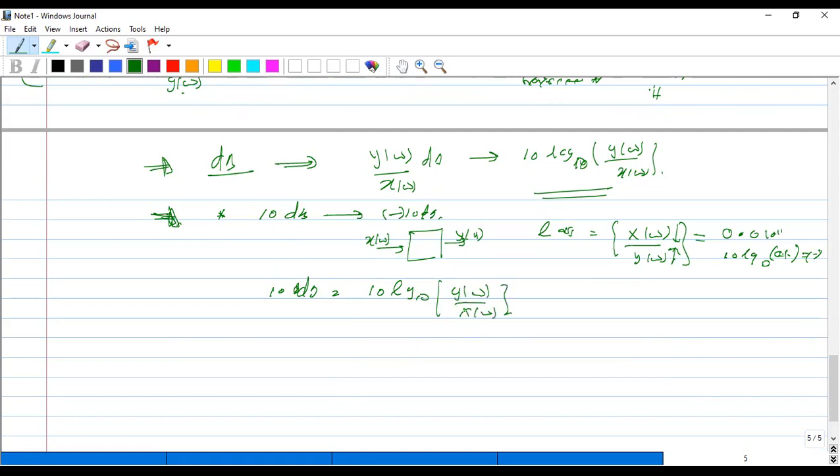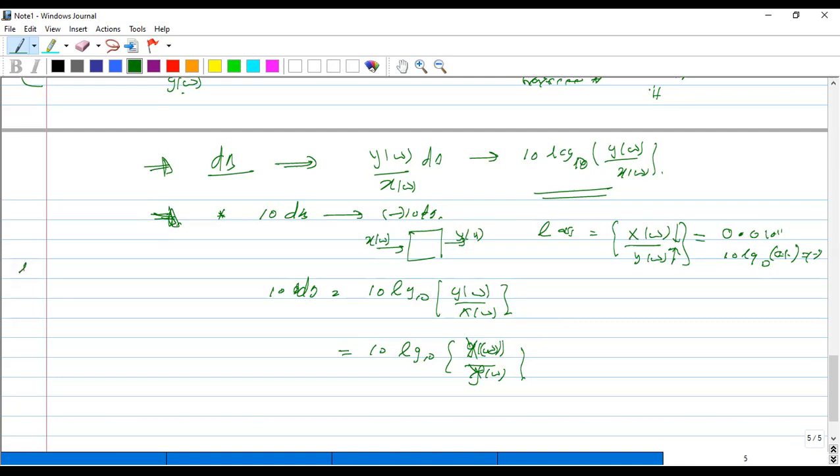That is the gain. If you want to find the loss, that is 10 log 10 of x omega over y omega. Here you have a minus value.